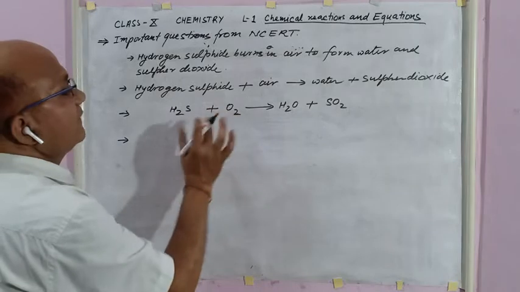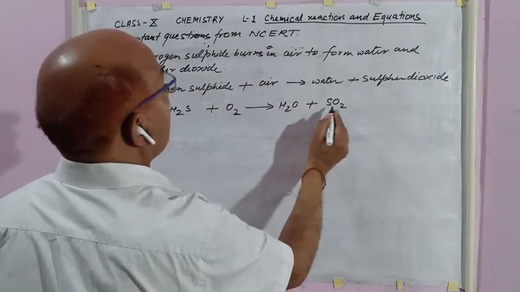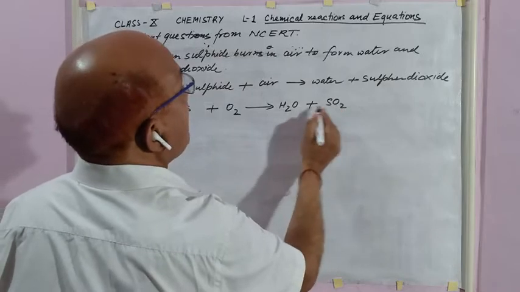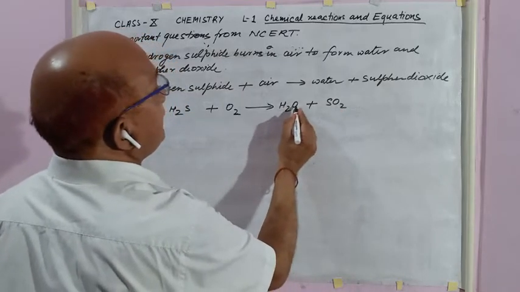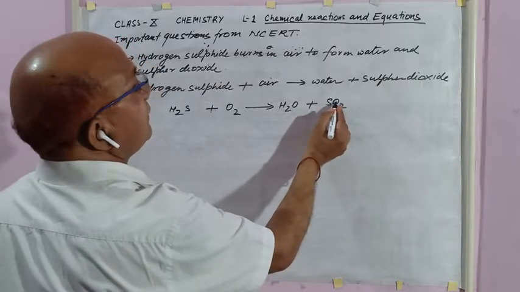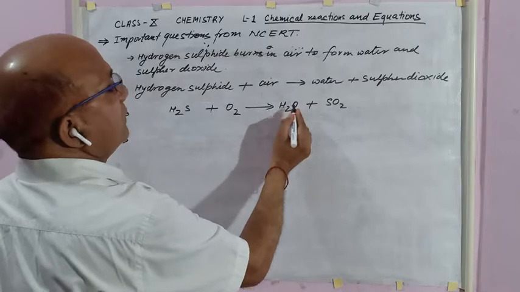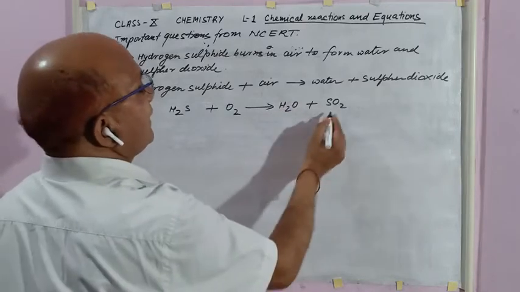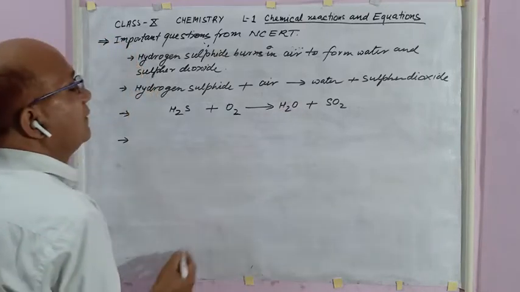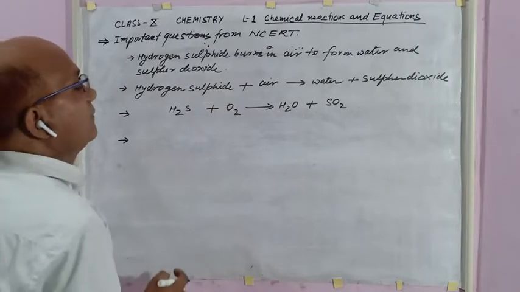Now as you can see, on the right side the total number of oxygen: SO2 means 2 oxygen and H2O has 1 O. Total oxygen atoms are 3. But on the left side there are 2 oxygen atoms.